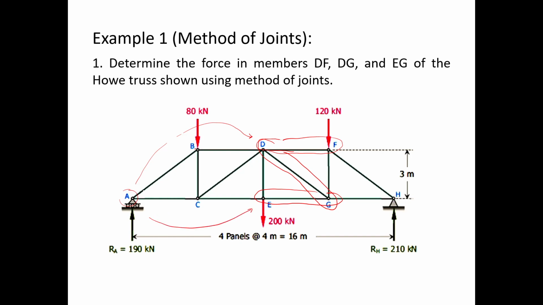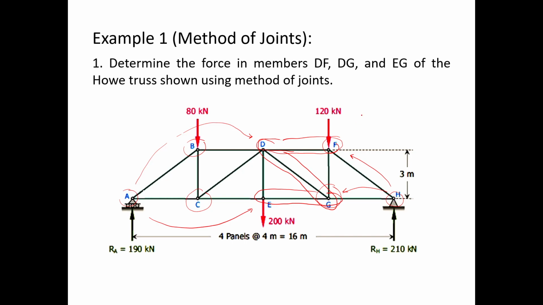You still have to go through point B and point C. If you start at H, notice that you're already able to hop into F, which is essential because you can solve DF. And then afterwards you can hop to G and solve the rest of the unknown forces.